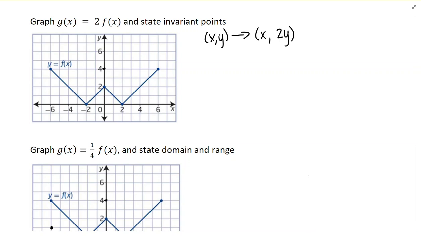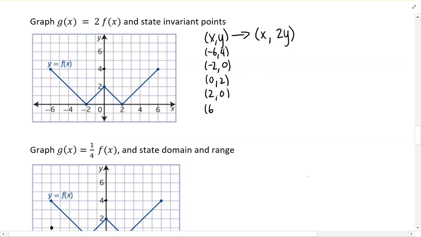Now that we've done our mapping, we'll put in some points. The points have already been nicely labeled for us. Oh, so it's negative 6, 4, negative 2, 0, 0, 2, 2, 0, 6, 4.